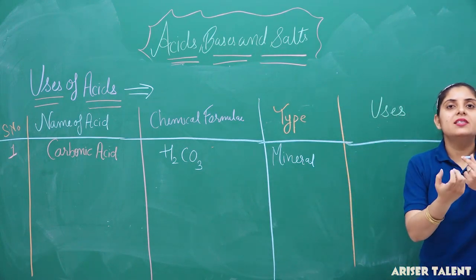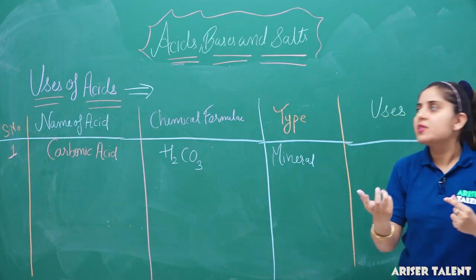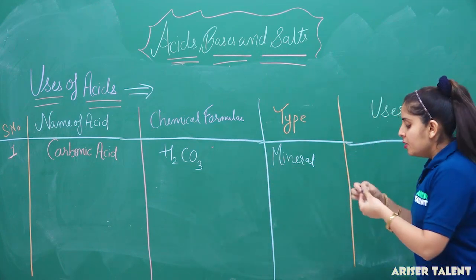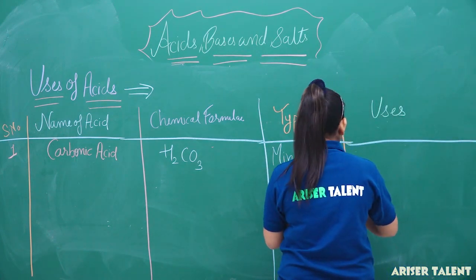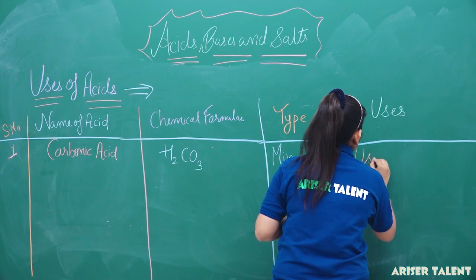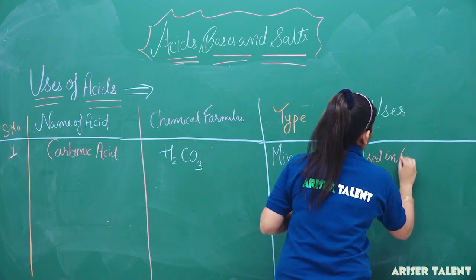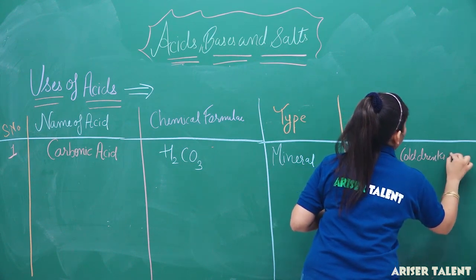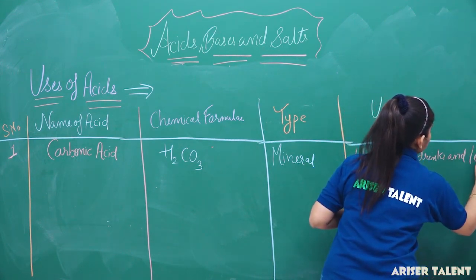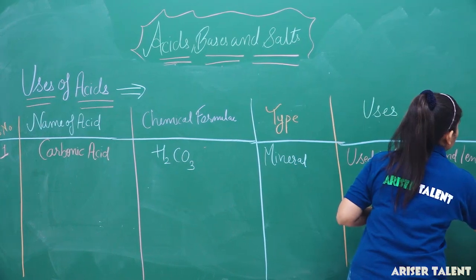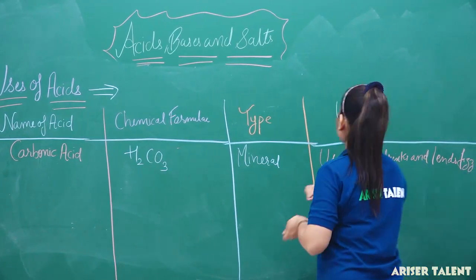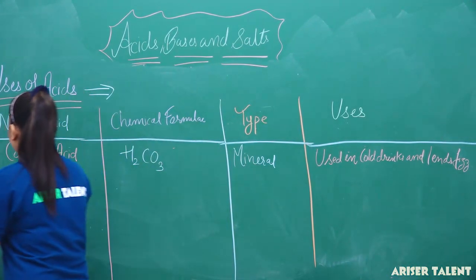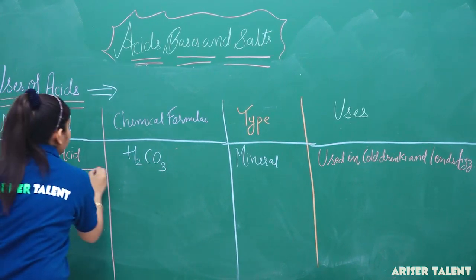It means where there is a need to bubble out carbon dioxide, we will use carbonic acid. So this is used in cold drinks and landfills. Now this will be our first category of the acid we have discussed, that is carbonic acid.